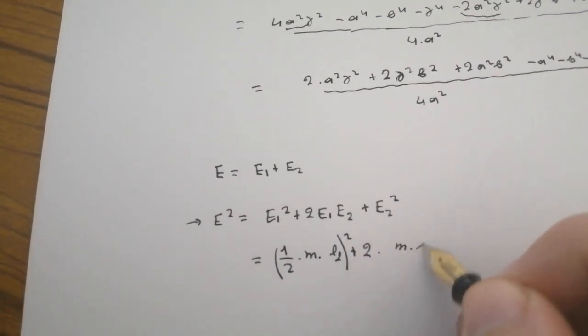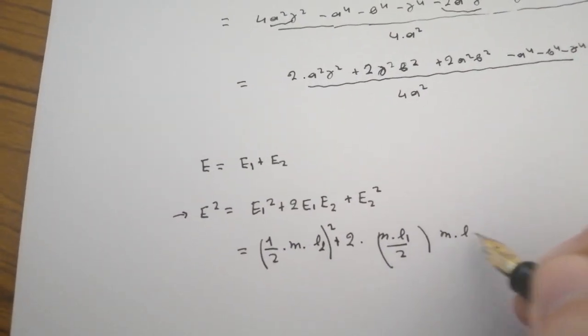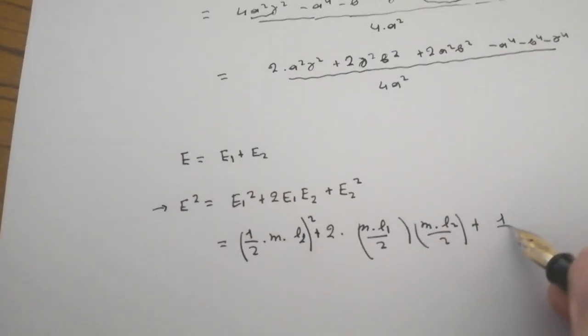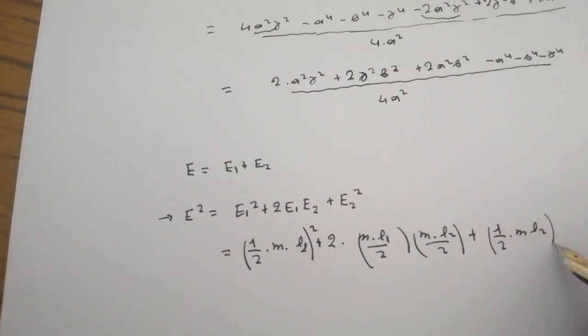So it's m times L1 over 2 times m times L2 over 2 plus 1 over 2 times m L2, squared.